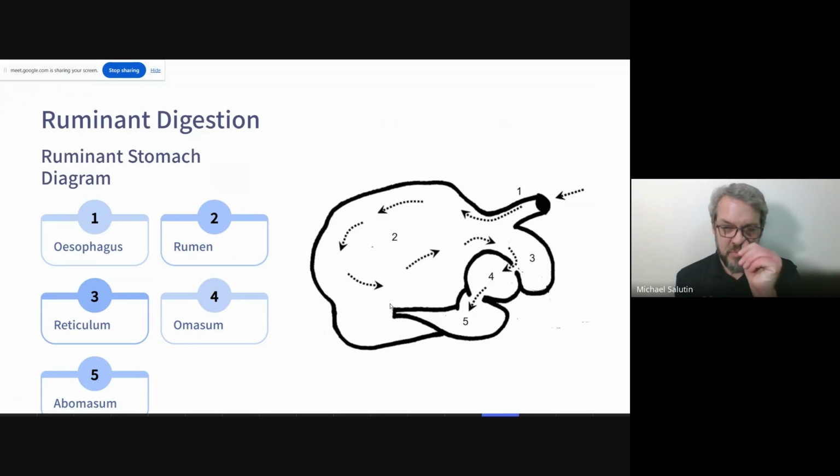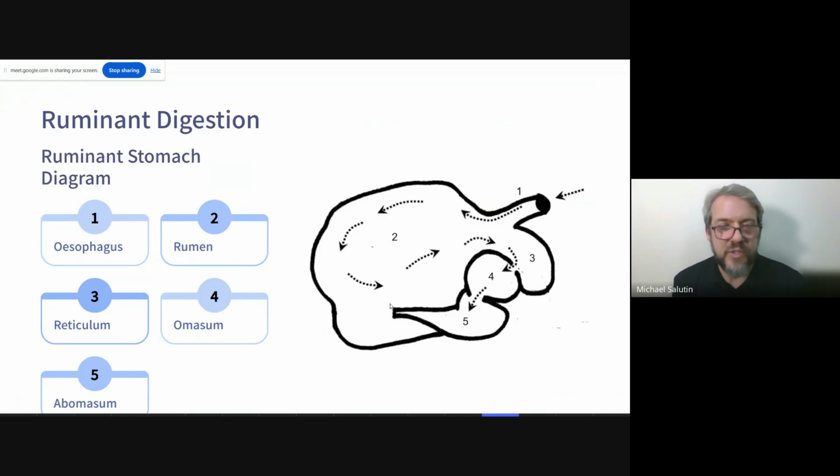And in the rumen, it's going to ferment with those bacteria and protozoans that help to break down the cellulose in the grasses. If you looked at this stage, it would just look like chopped up, mushy grass. It's still green. It's still not very well broken down. And that's the whole point.